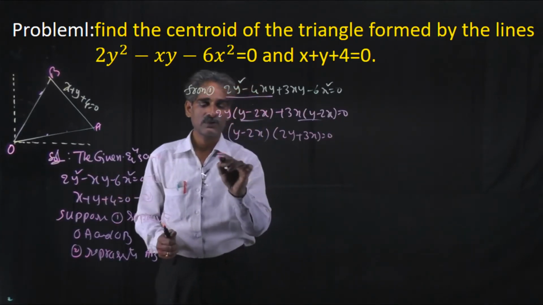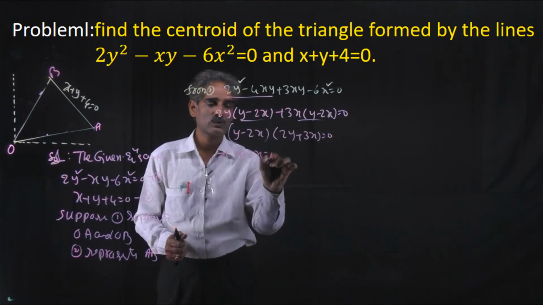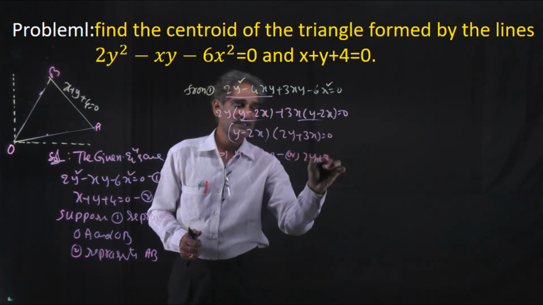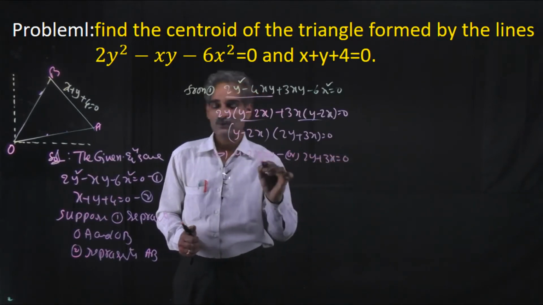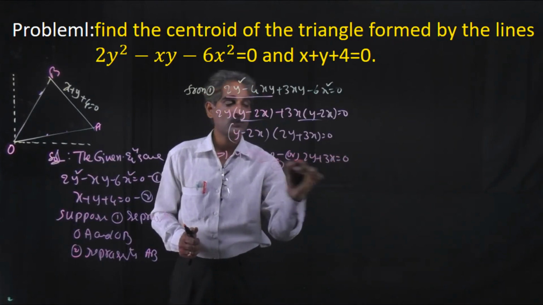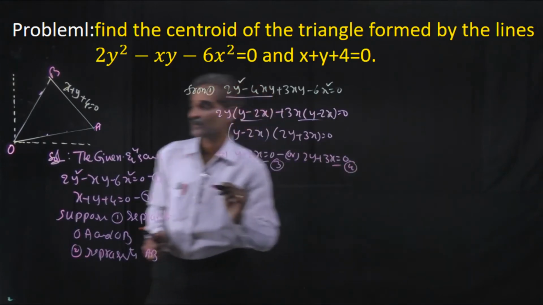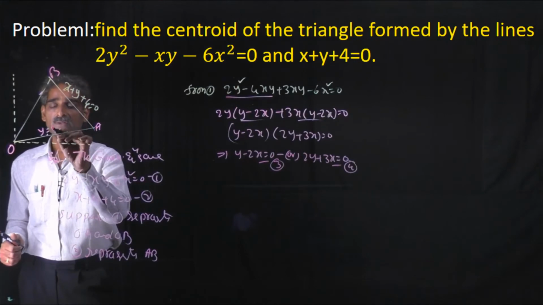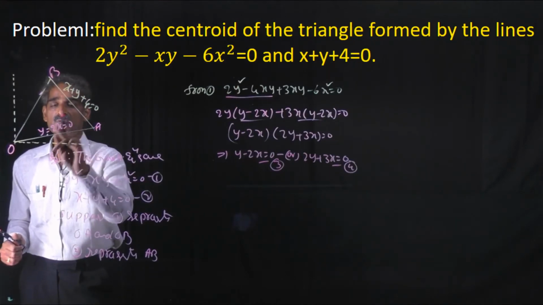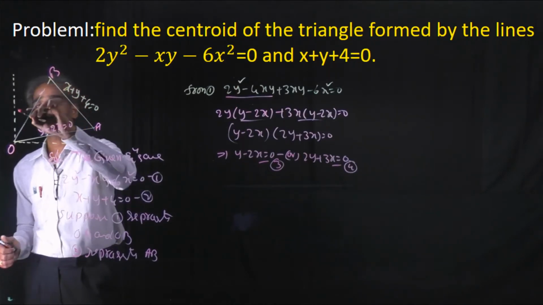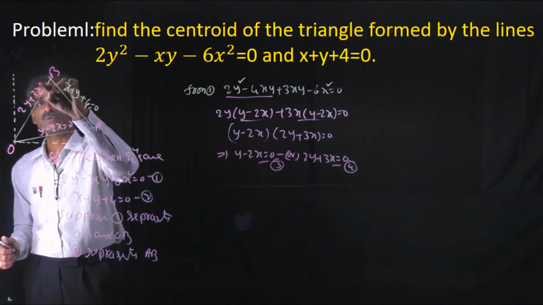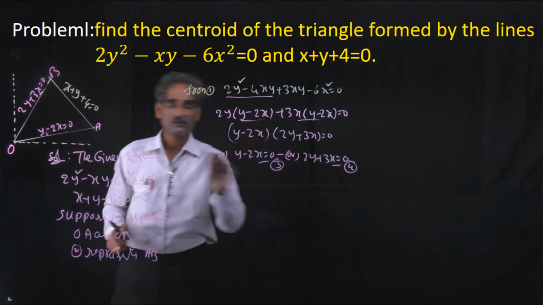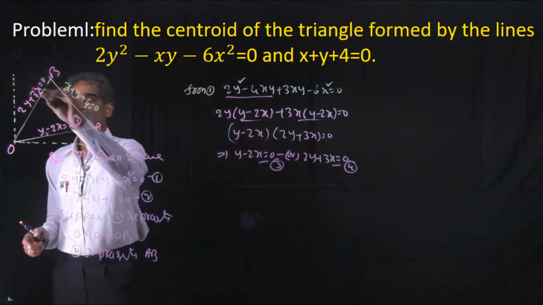Understand? So y − 2x = 0 is one line, and 2y + 3x = 0 is the other equation. Let these be 3 and 4. So now y − 2x = 0 is equation 3 and 2y + 3x = 0 is equation 4.